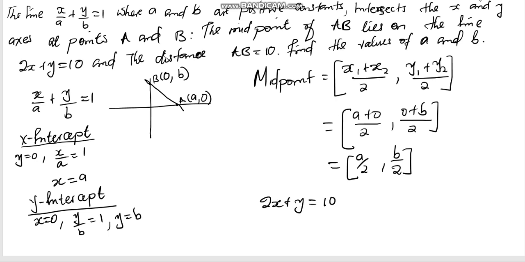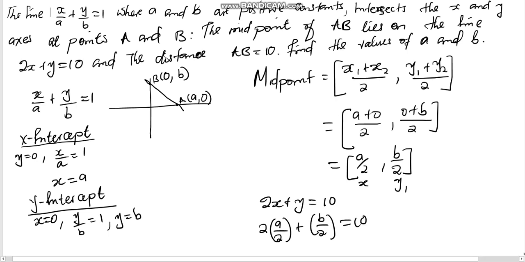So this is our x and this is our y. We plug these values back into the equation: 2 times a over 2, plus b over 2, equal to 10.